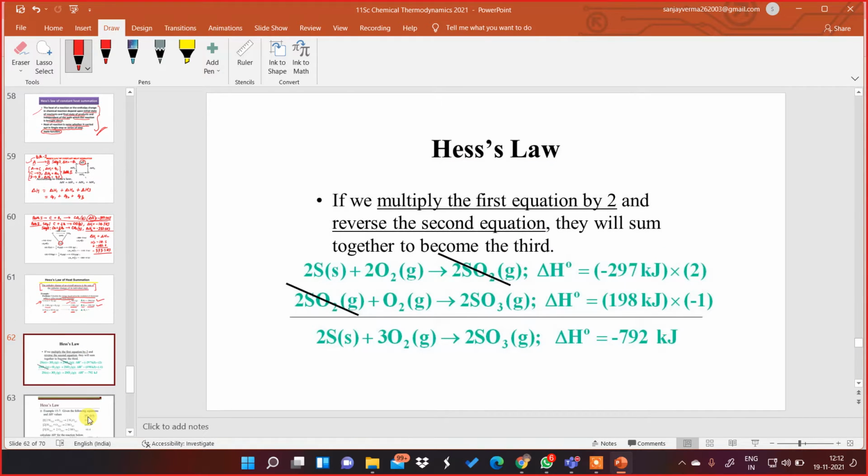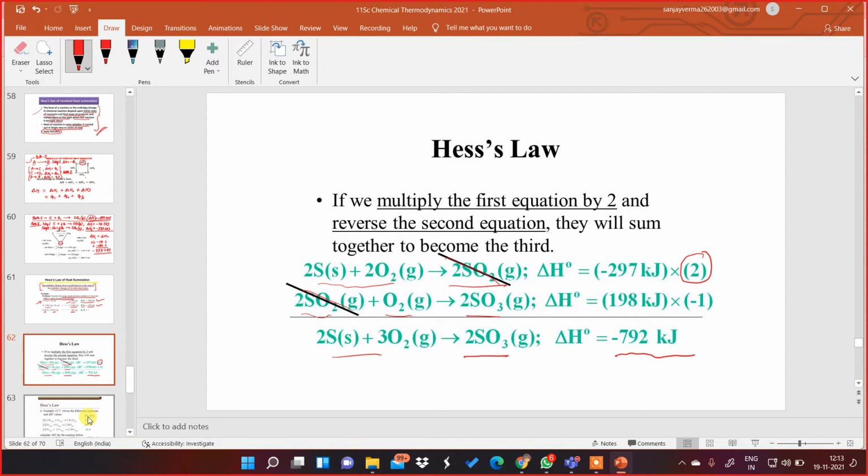Here we can see sulfur plus oxygen gives sulfur dioxide, and sulfur dioxide plus oxygen gives sulfur trioxide. The first equation is multiplied by 2 and then they are added. This is cancelled out, and when you add them, you get sulfur trioxide. Mathematically, minus 297 kilojoules into 2, plus 198 kilojoules into minus 1, gives a total of minus 792 kilojoules. That is the answer for the question you saw just now.